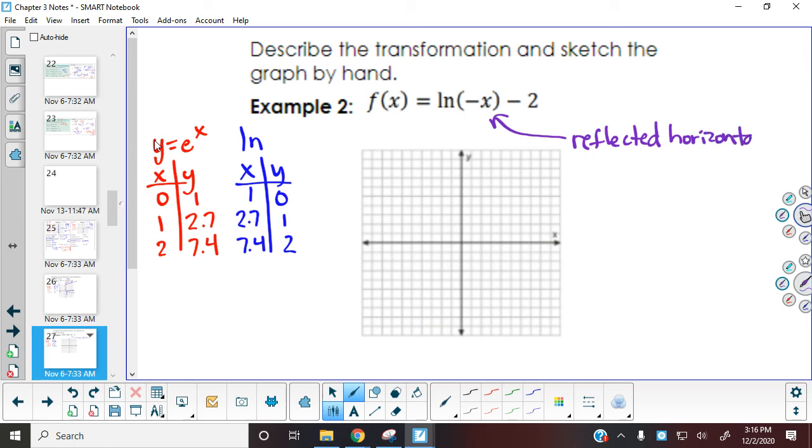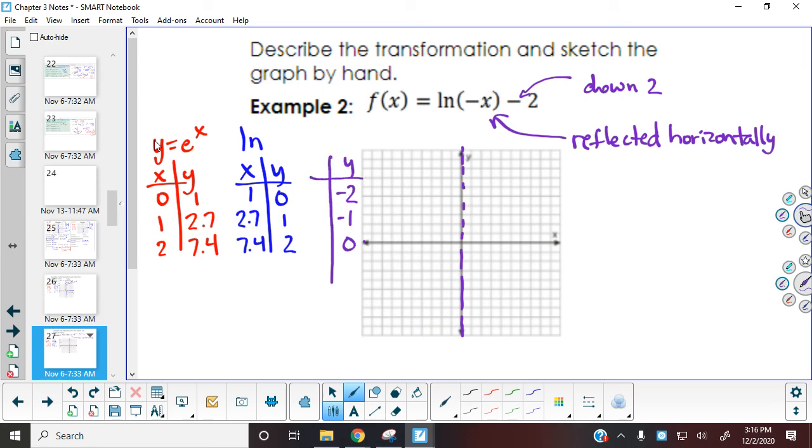Okay, so because again, it's connected to the x, and then this is telling us that it's gone down 2. Notice our asymptote has not shifted left and right. So what I'm going to do right from the start is I'm going to go ahead and put that asymptote right back where we started with it. The down 2 tells us all of my y's are going to go -2. So now, if I do 0 minus 2, 1 minus 2, and 2 minus 2, that's my new y's.